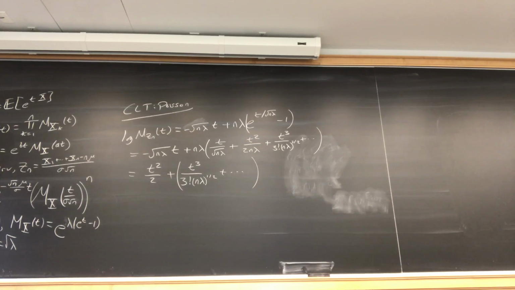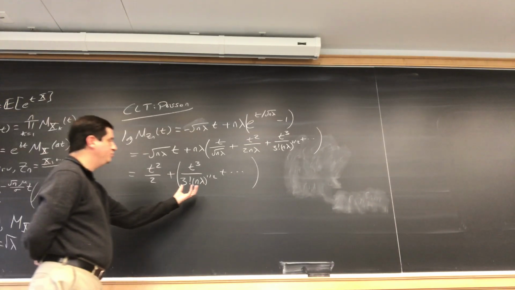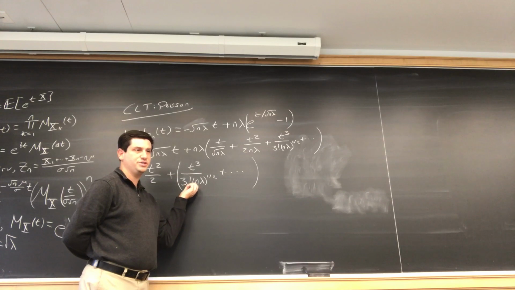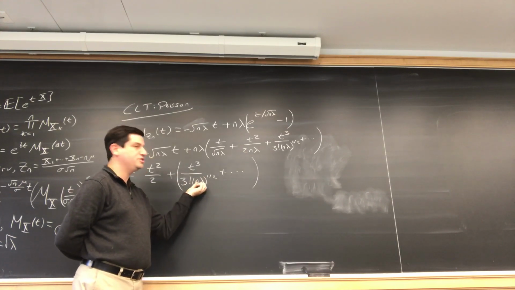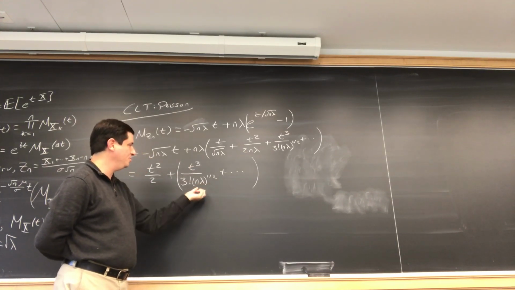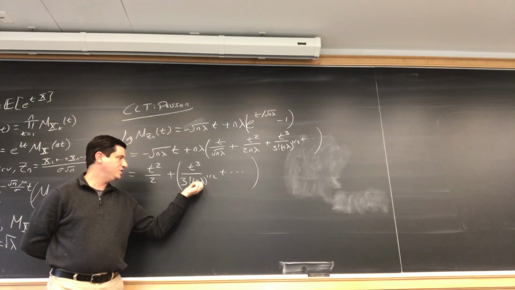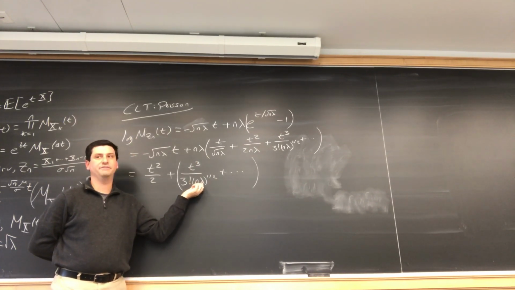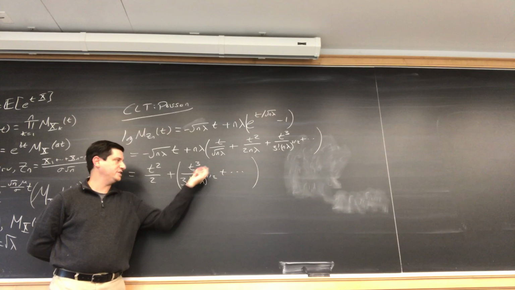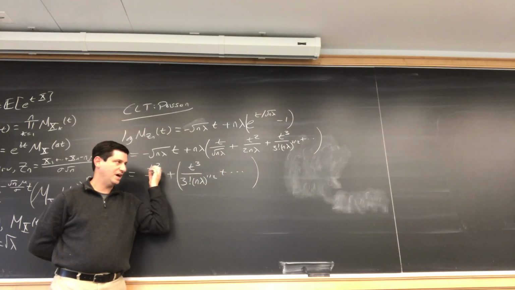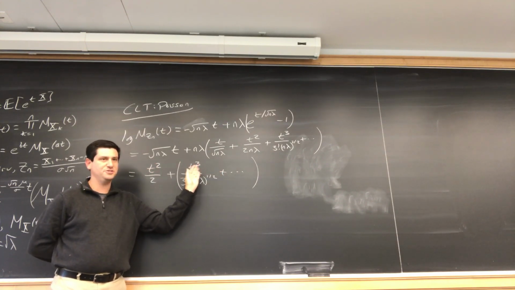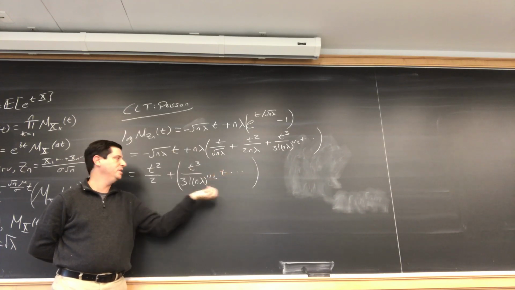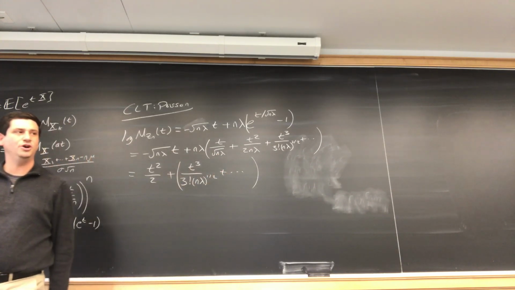And now you just need to do a little bit of analysis. One analysis you could do is you could say, look, I have all these 3 factorials and stuff like that over here. I could just view this as a geometric series where the first term is basically t cubed over n lambda to the 1/2. So if you have a geometric series, I could pull this out, and I would have a geometric series that now starts at the constant term. That's going to be just some constant number, and I'll still have a square root of n lambda in the denominator.